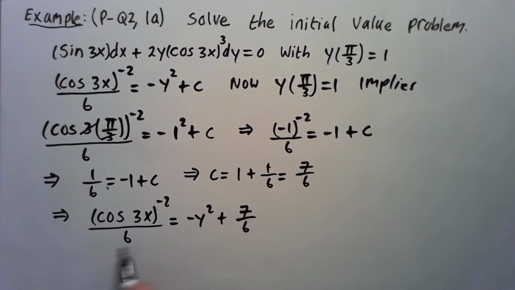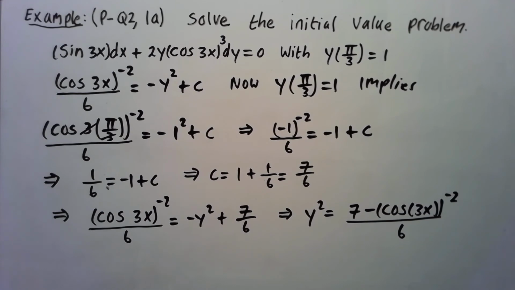We could then solve this for y. Let's take the negative y squared over here and take the cosine term over here. So I just took the y squared over here and took the cosine term over here, then combined the 7 and the cosine term. Then we can take the square root on both sides.